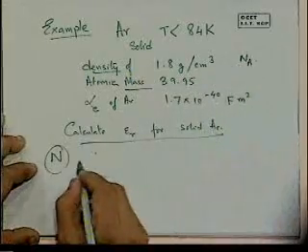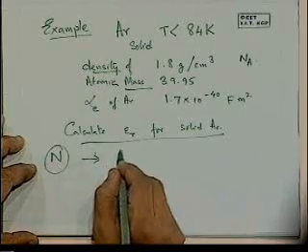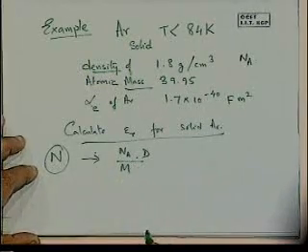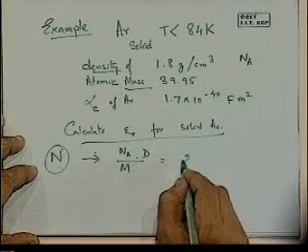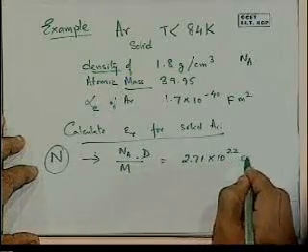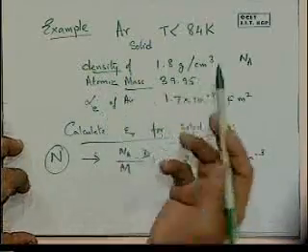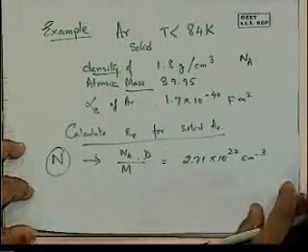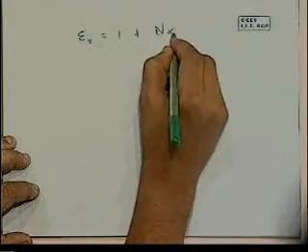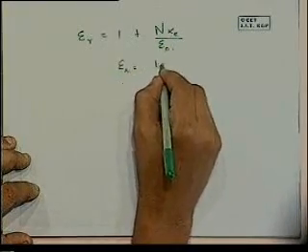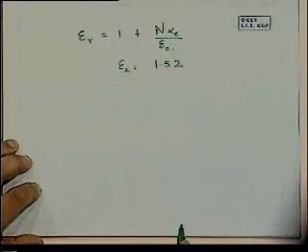By doing that, n is equal to Avogadro's number divided by mass, times the density, which gives 2.71 into 10 to the power 22 per centimeter cube. So you've got n, you've already got alpha E, and you know epsilon naught. If you use these numbers in the first equation, epsilon r is equal to 1 plus n alpha E by epsilon naught, the calculation yields a value of 1.52 for the relative permittivity of argon.